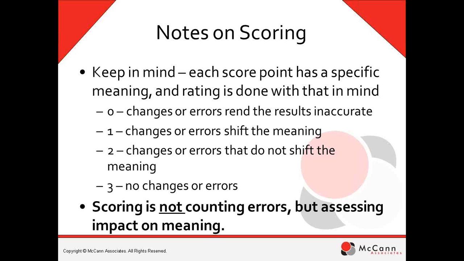A score of 1 indicates that there are changes or errors which shift the meaning. A score of 2 indicates that there are changes or errors but they do not shift the meaning. And a score of 3 indicates that there are no changes or errors. Scoring is not a matter of counting errors, but rather assessing the impact of errors, if they occur, on the meaning.